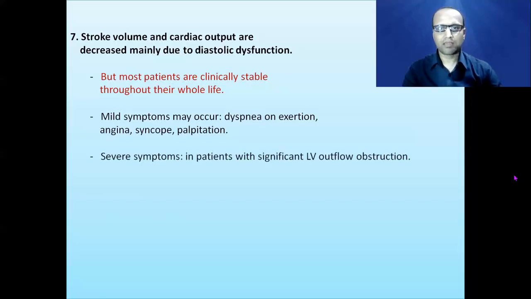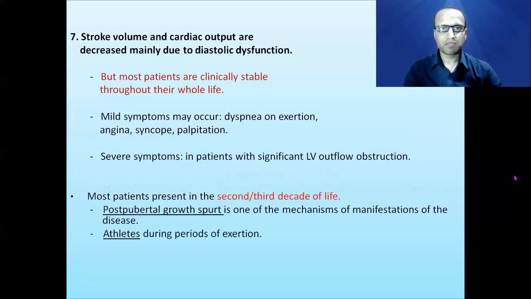But if left ventricular outflow tract obstruction is severe, then patients can suffer from more severe symptoms. Most of the patients present during the second and third decade of life. For example, patients can present during post-pubertal growth spurt, and athletes can present during periods of exertion.